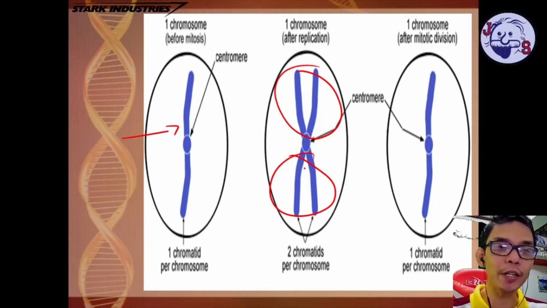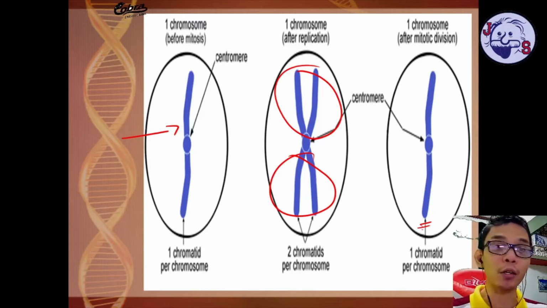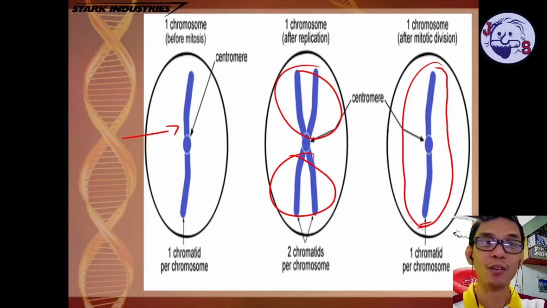Then after mitosis or cell division, these chromatids will separate. They will separate in the anaphase, particularly in that phase of cell division, and it will go back again to its original form. So this is what it looks like in the chromosome.